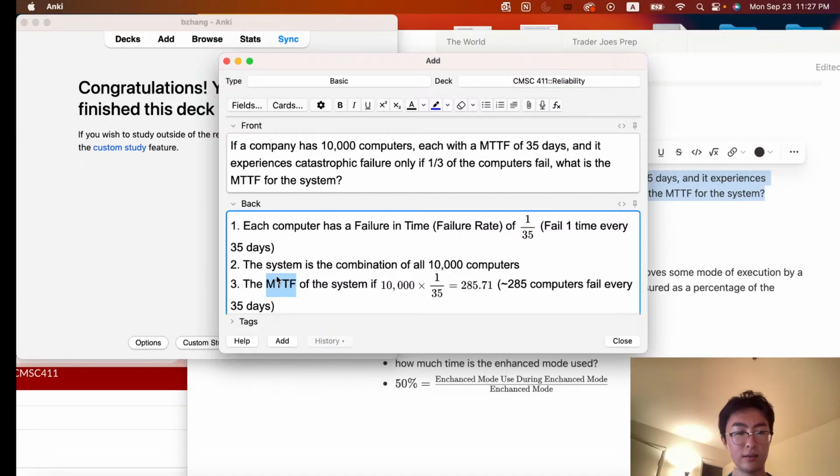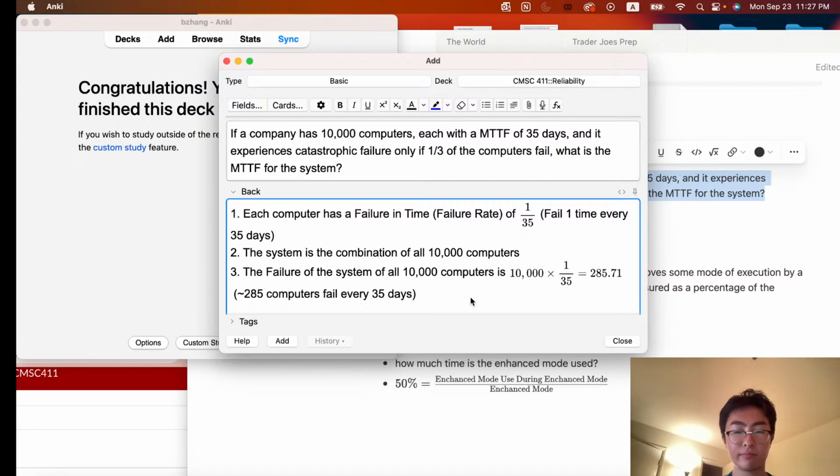The failure rate of system, flip that around.